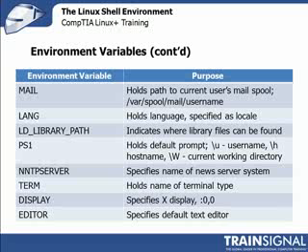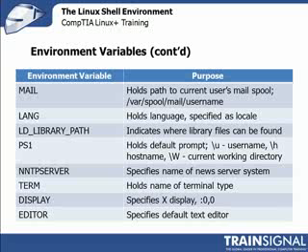PS1 holds the default prompt. And with this variable, \u will indicate the username, \h will indicate the host name, and \W will indicate the current working directory. Next we have NNTPSERVER, which specifies the name of news server systems.